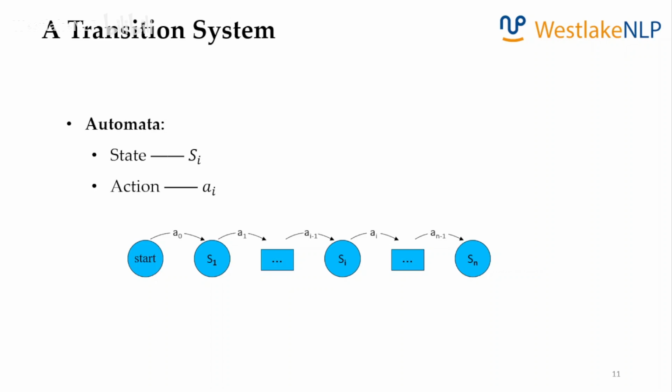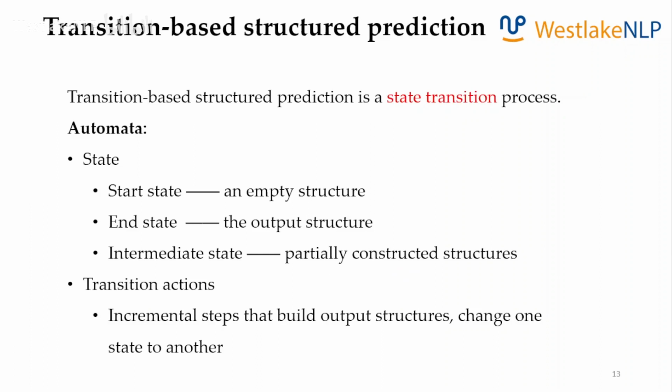So in summary, we just saw a state transition process, which is achieved from the start state by applying a sequence of transition actions until we reach a terminal state. So in this process, the start state corresponds to the empty output, and the terminal state corresponds to a full output.